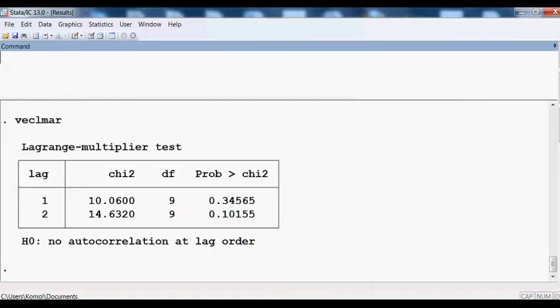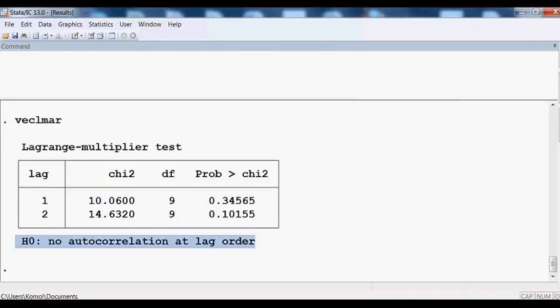it's coming up. Okay, here is the Lagrange multiplier test, lag 1, lag 2, and the null hypothesis is there is no autocorrelation at lag order. But here at lag 1 the p-value is 34.56%, meaning that I cannot reject the null hypothesis.